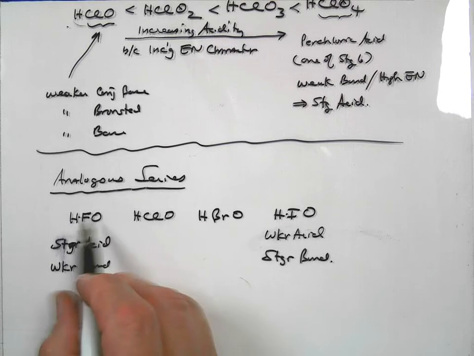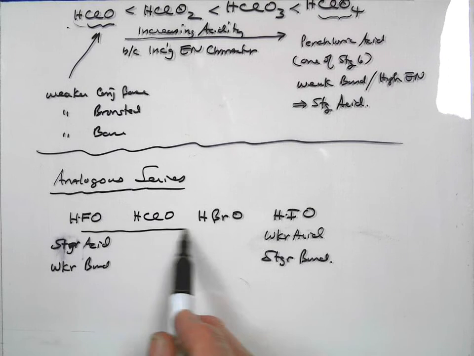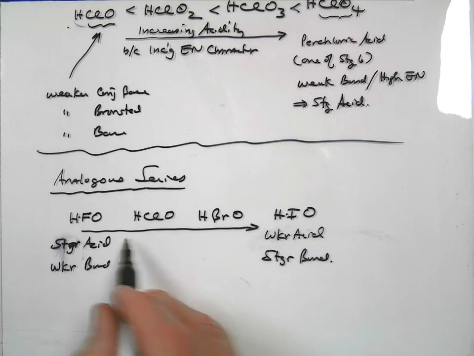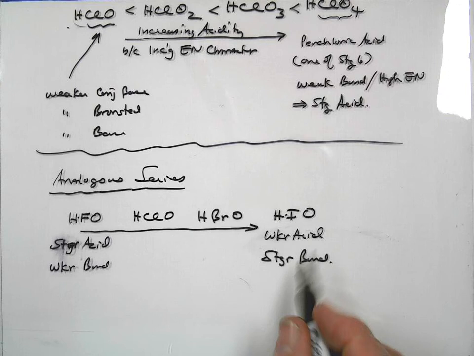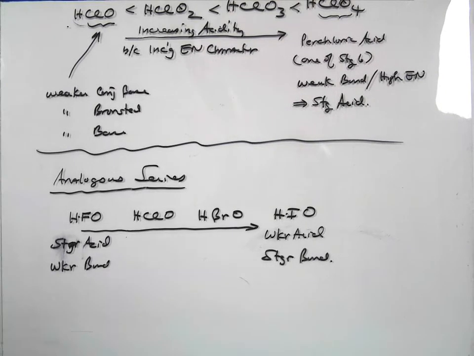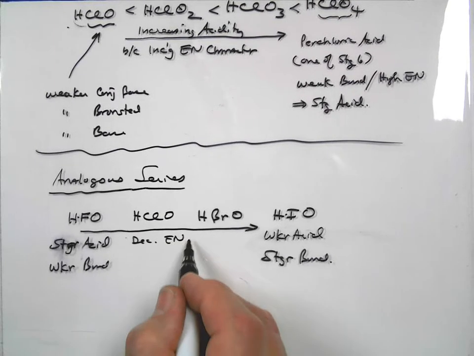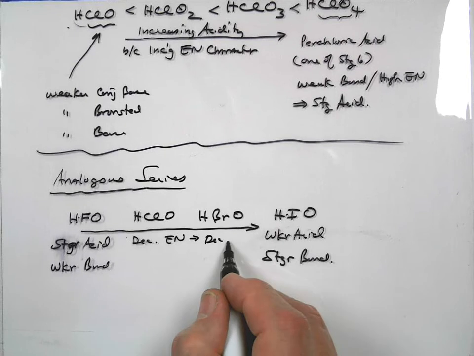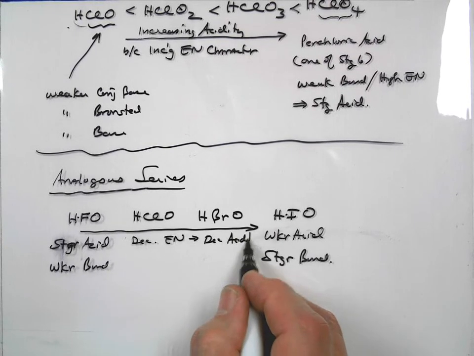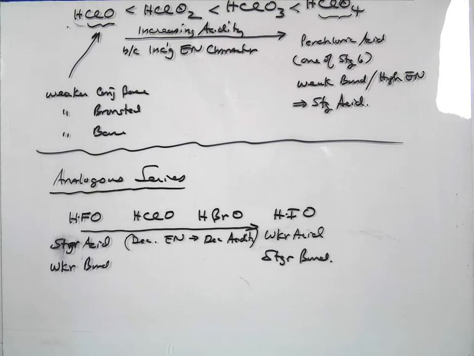So the reason for this is that you have a decreasing electronegativity, and that decreasing electronegativity decreases the strength of your bond if it's built in this context. Decreasing acidity. Now this is in a group, fluoride, chloride, bromide, and iodide, but it is also in an oxoacid type environment.